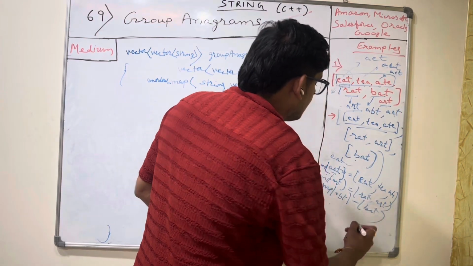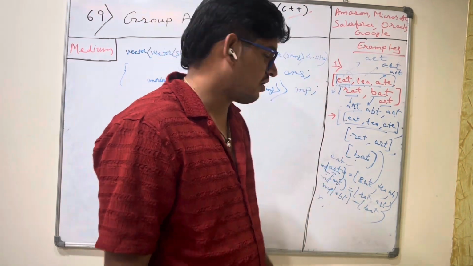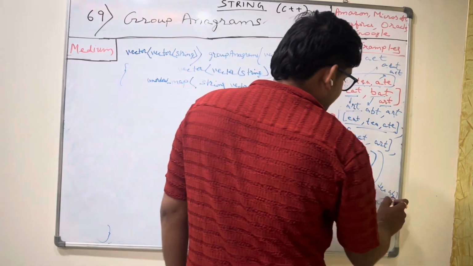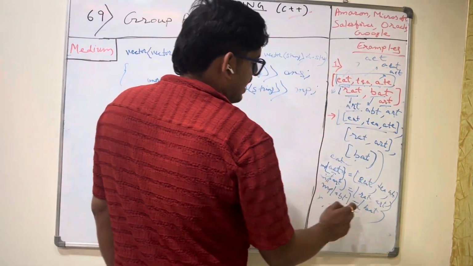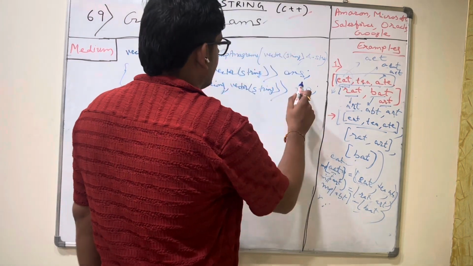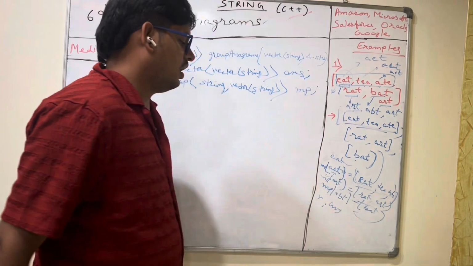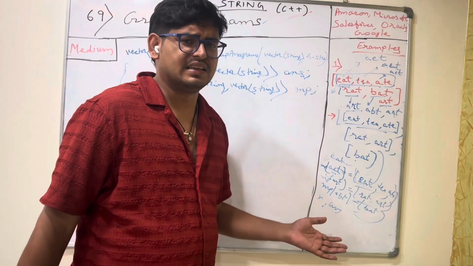So we got the order like this in one single traversal, order of n. Now when we have this, we will traverse the map, and we already have the groups, so we just push these values into the answer, and we can return the answer in any order.